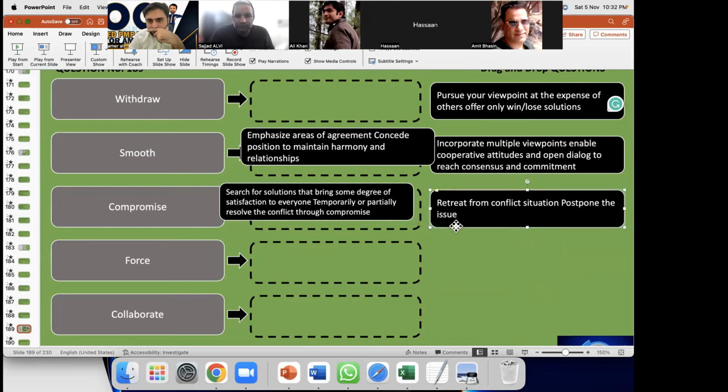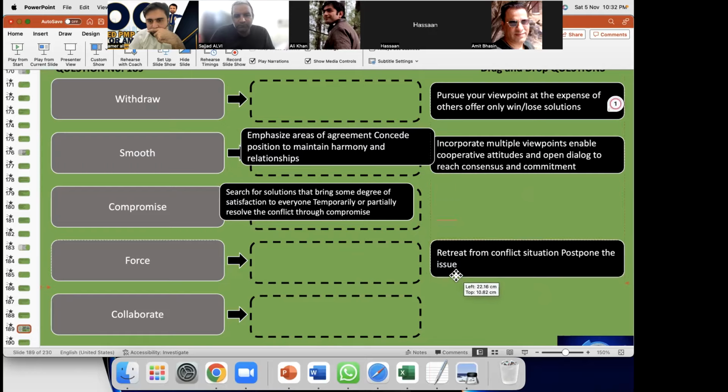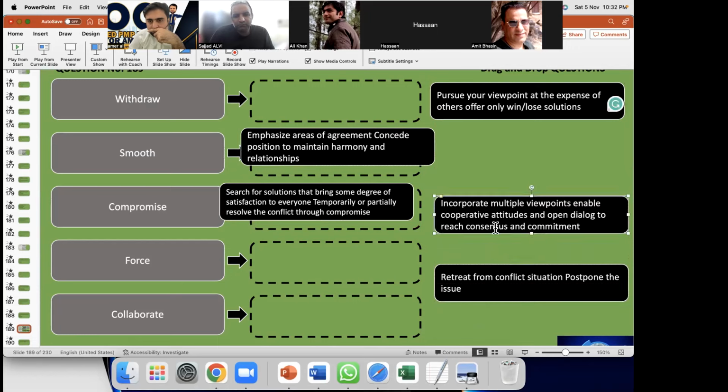Retreat from conflict situation, postpone the issue, is withdrawal. Pursue your viewpoint at the expense of others, offering only win-lose, so the first is force.